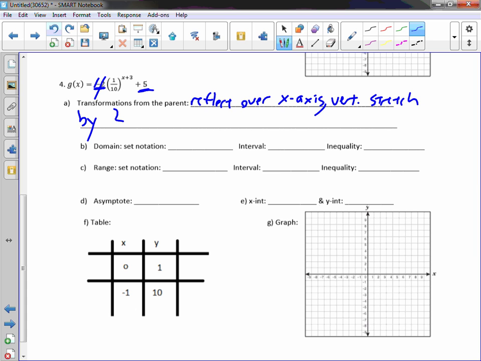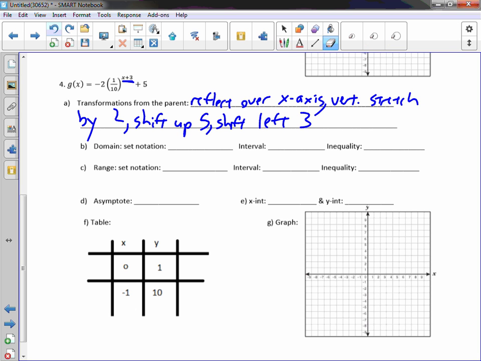The plus 5 means shift up 5. And then that's it for the y transformations. Remember, the x transformations are the exponent. That plus 3 means x is live, so shift left 3.